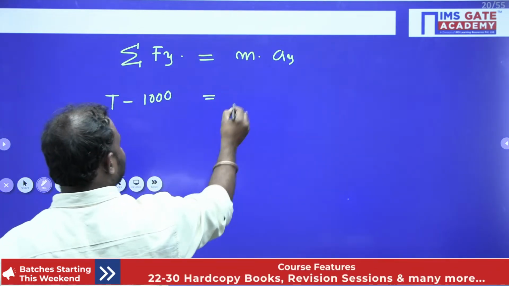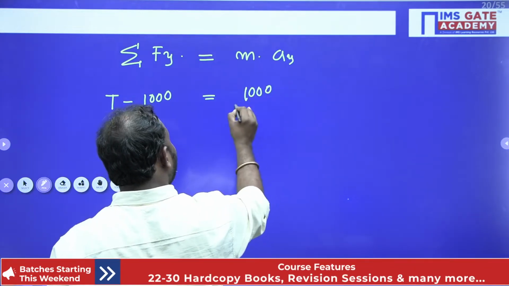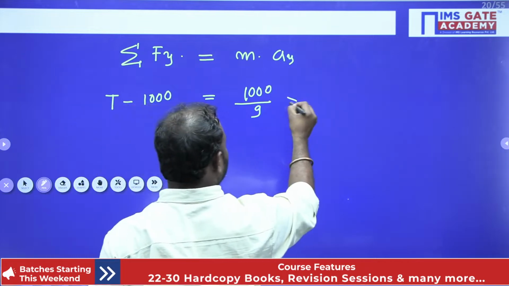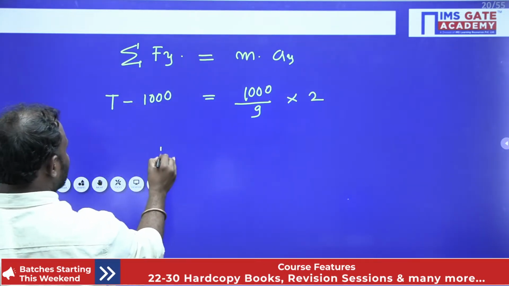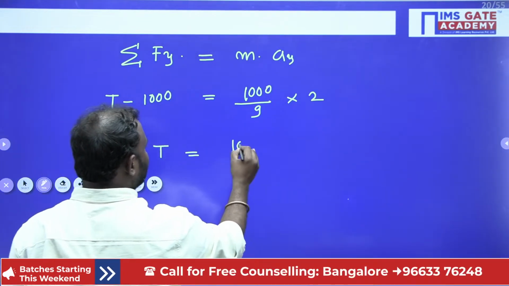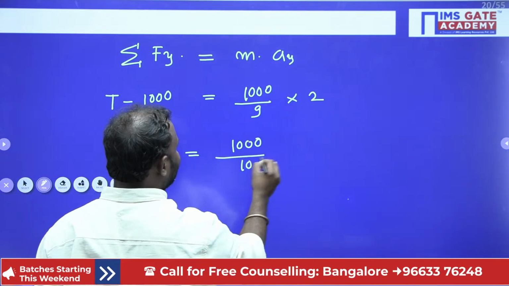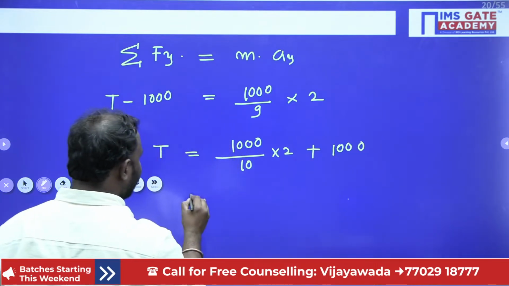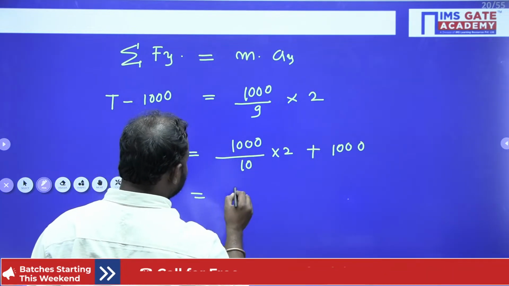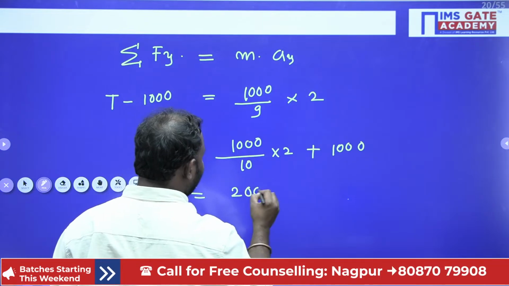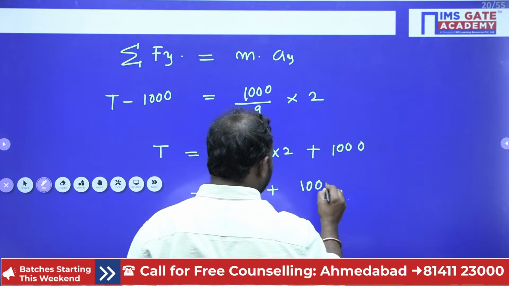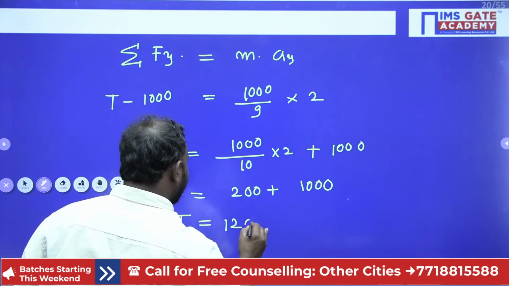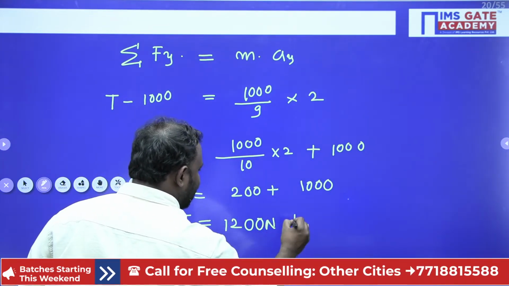That is equal to mass, 1000 newtons divided by g, m by g here, guys, dot 2, such that I am going to solve this. This is equal to 1000 divided by 10 into 2 plus 1000, right? Now from here 10 will get cancelled, then it is going to be 200 plus 1000, such that we are going to get our tension is 1200 newtons, which is acting upward.